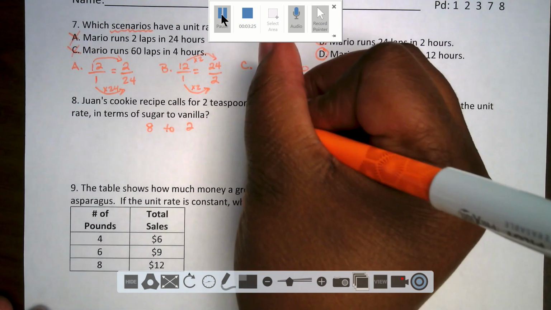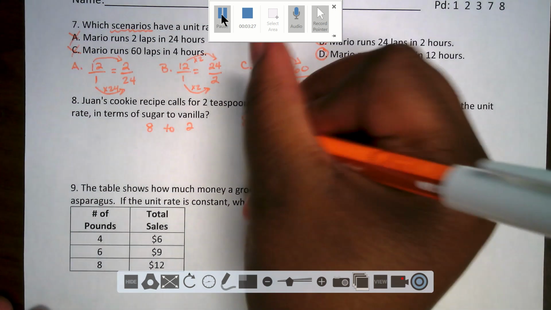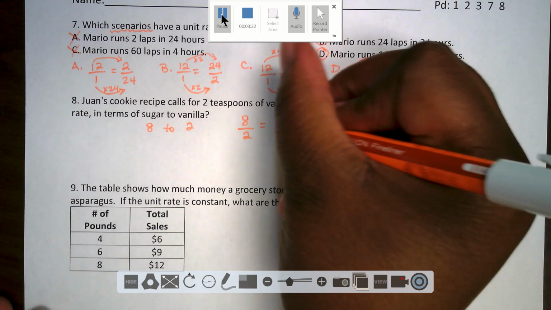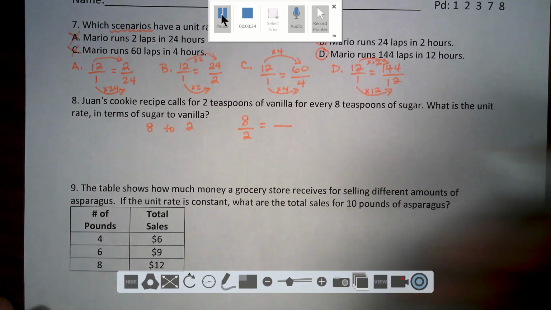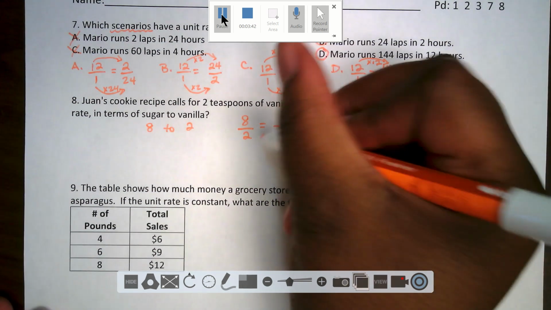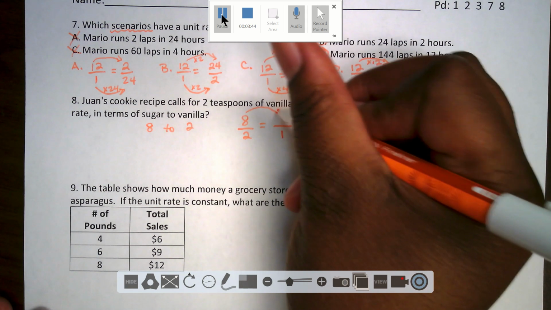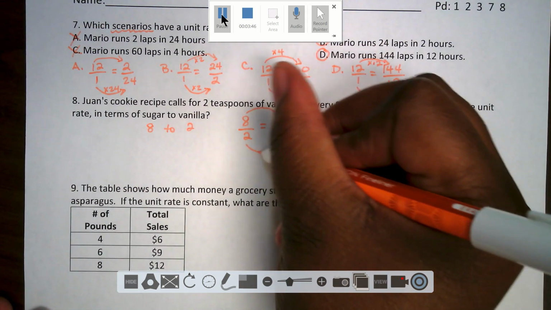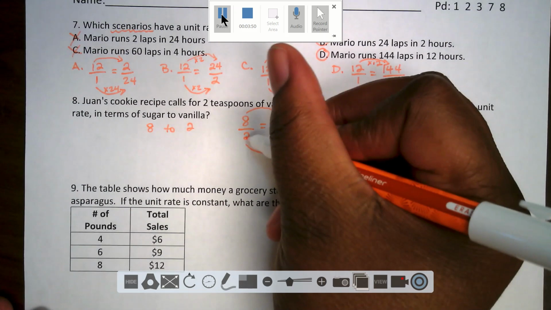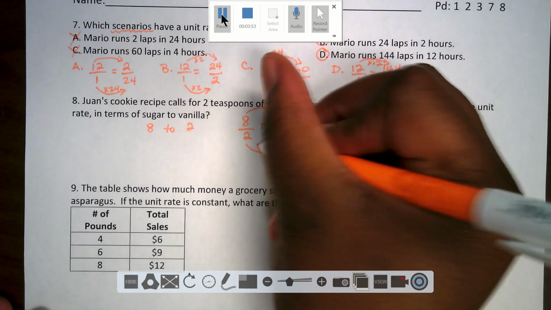So if I know that I can get 8 teaspoons of sugar for 2 teaspoons of vanilla, I want to know how many teaspoons of sugar I can get for 1 teaspoon of vanilla. Because remember, we're trying to find the unit rate. Okay, so let's look at this. I'm going to first point my arrow to what I don't know and point my second one in the same direction. I'm going from 2 down to 1 by dividing by 2.